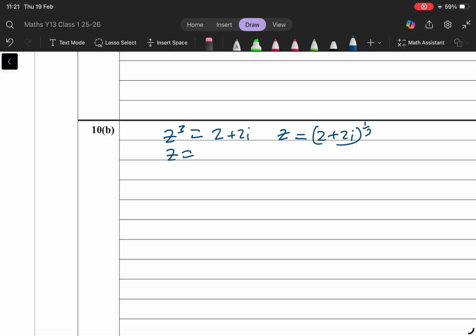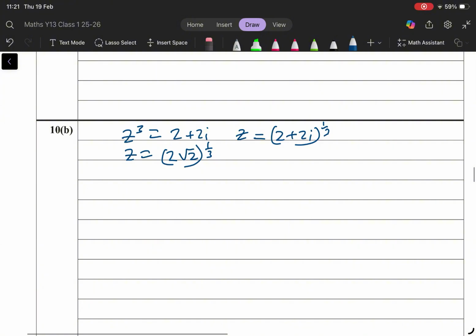So that's going to be root of 2 squared plus 2 squared, 2 root 2, and then cube rooted. We got that by 2 squared plus 2 squared to the half equals 2 root 2, just because it's a detailed reasoning.